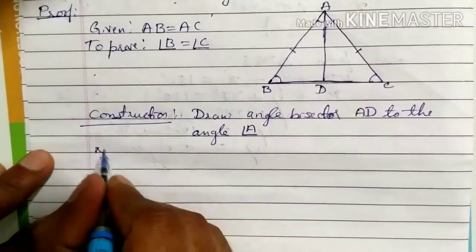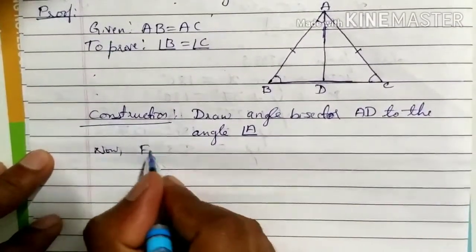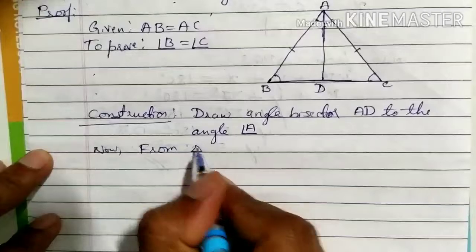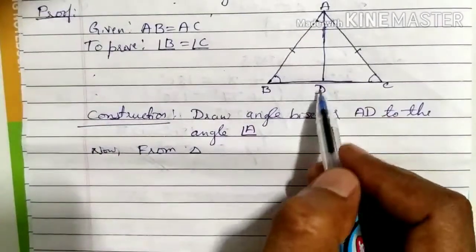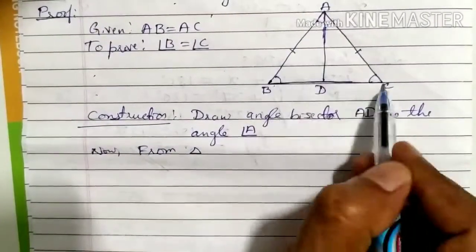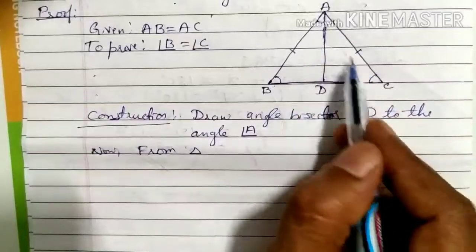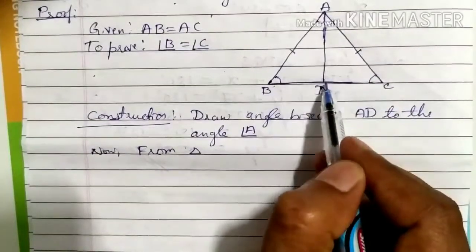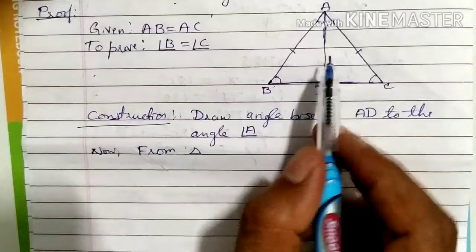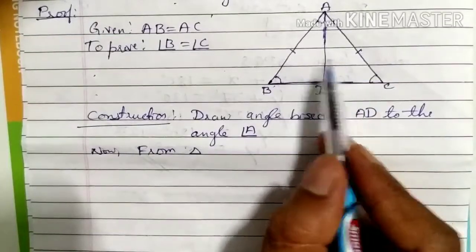So now this angle bisector divides triangle ABC into two triangles, that is ADB and ADC. We will prove that these two triangles are congruent.